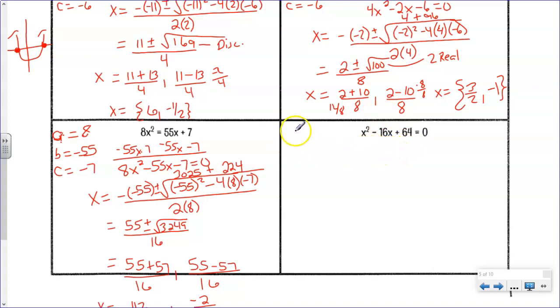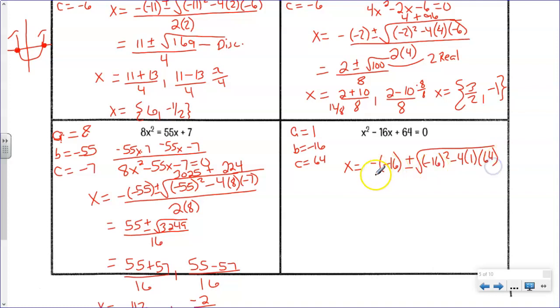All right, great. So hopefully you said A equals 1, B equals negative 16, and C equals 64. Then you plugged and chugged, so you get negative 16 plus or minus the square root of negative 16 squared minus 4 times 1 times 64, over 2 times 1.